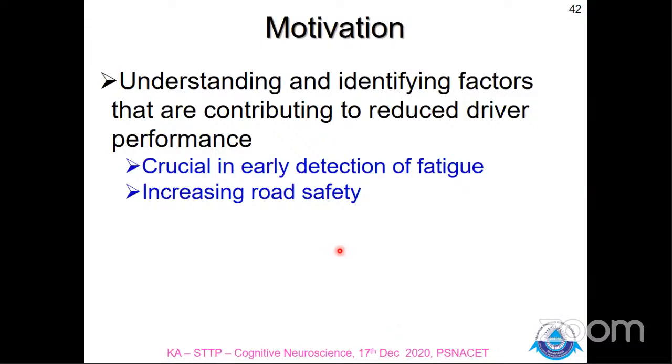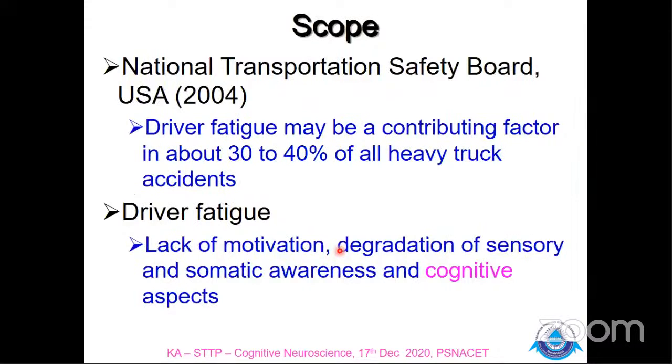According to the National Transport Safety Board, 30 to 40% of heavy truck accidents happen due to driver fatigue, which comes from lack of motivation, degradation of sensory and somatic awareness, and cognitive aspects. Cognitive aspects such as memory, attention and judgment are all reduced. If we can find out the cognitive performance of drivers, we can avoid road accidents by giving a warning signal.